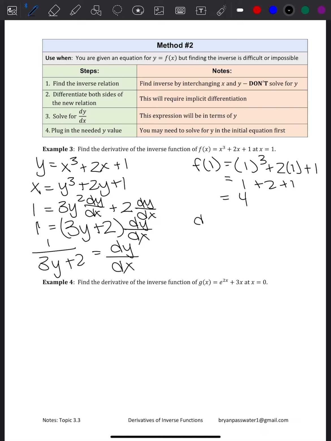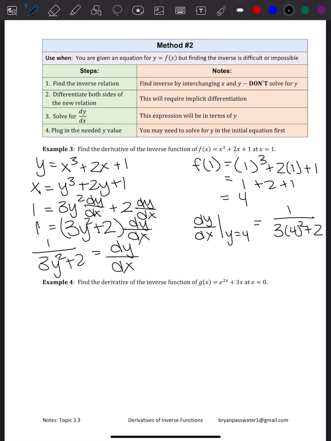So now dy over dx when y equals 4 is equal to 1 over 3 times 4 plus 2. Ooh, I dropped a squared. So 1 over 3y squared plus 2.